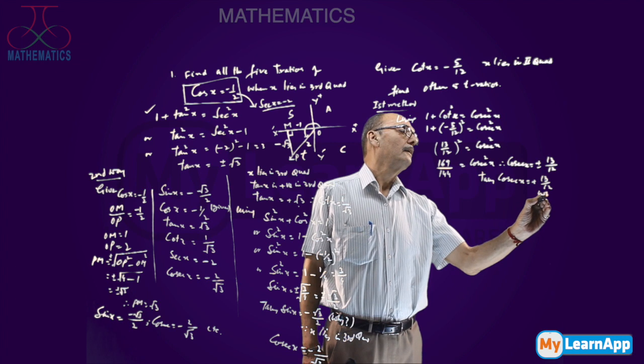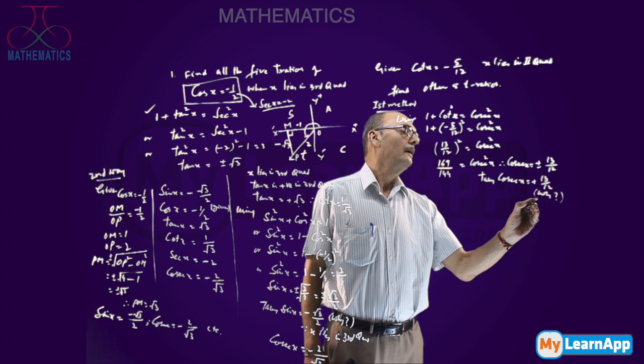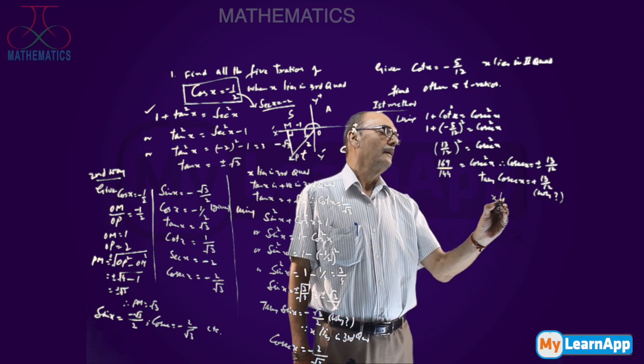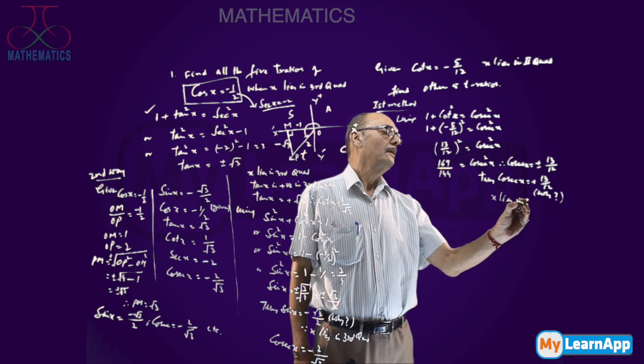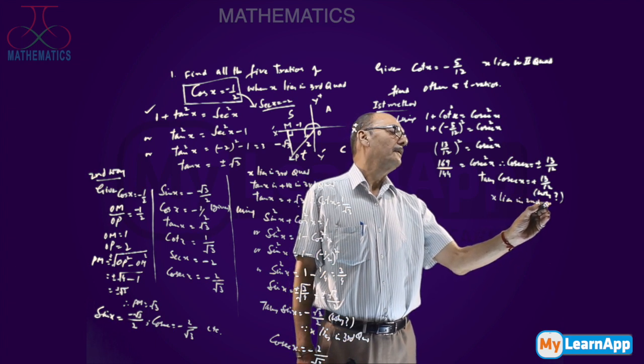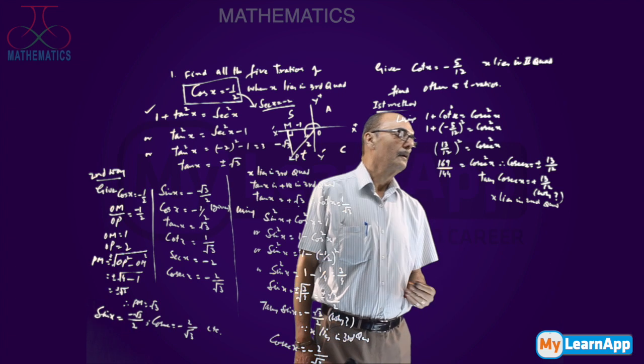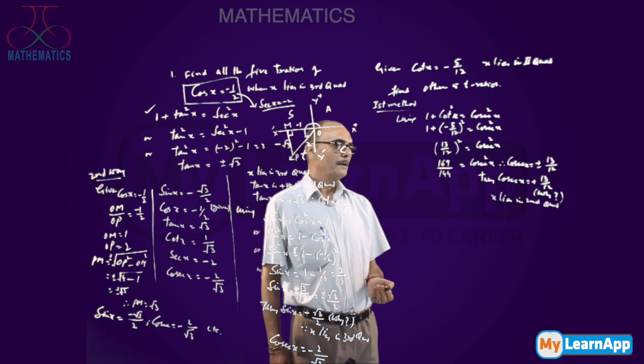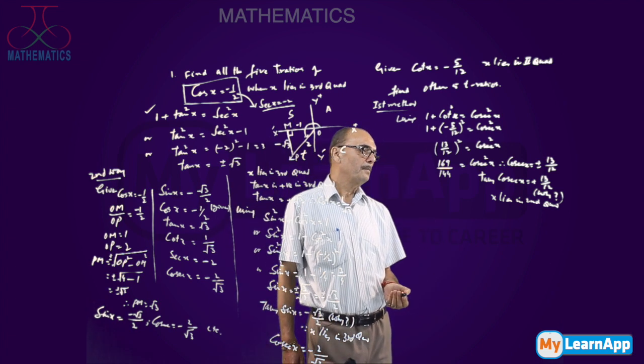Why? Reason being, x lies in the second quadrant. And in the second quadrant, we know that sine and cosec have positive values.